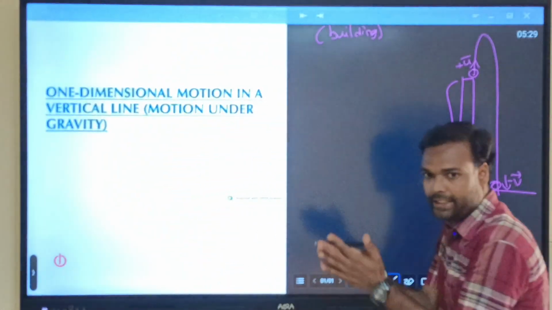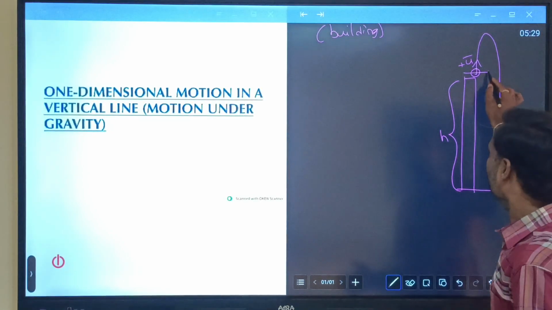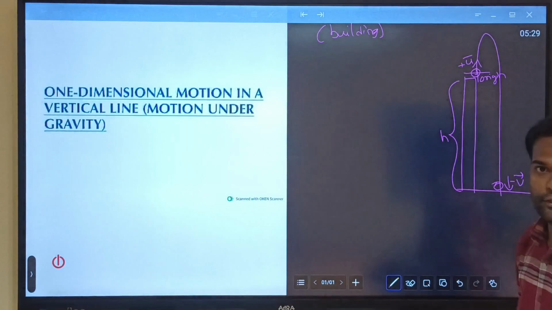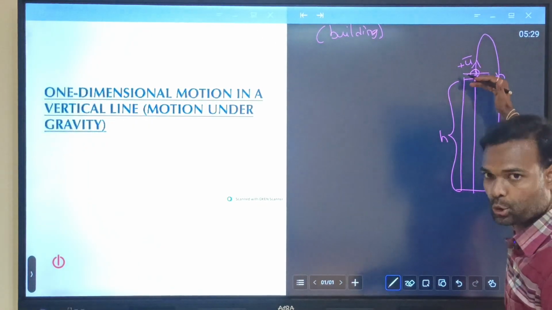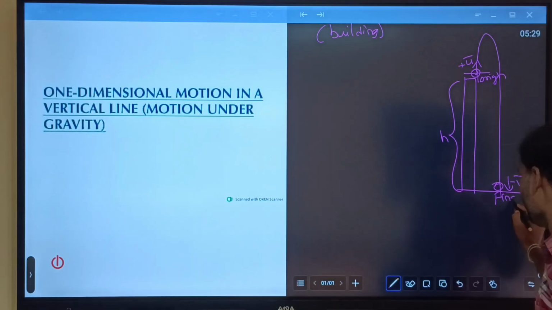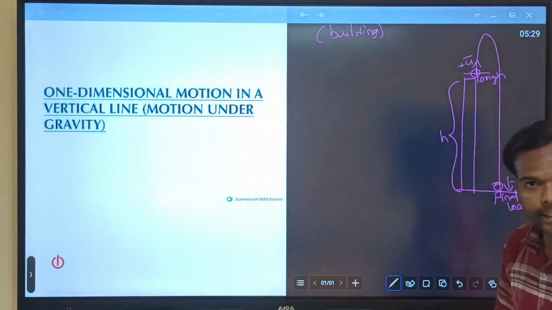and from the point where it starts its journey, we have to consider it as the origin, as per our previous concept discussion also. From the origin it is coming here, and we are considering this as the final location, right?